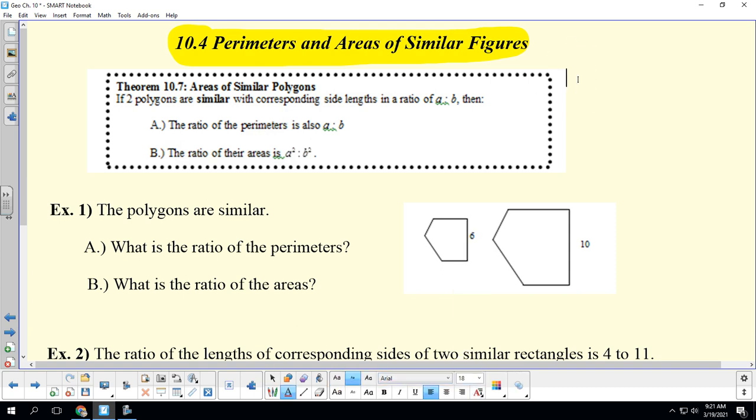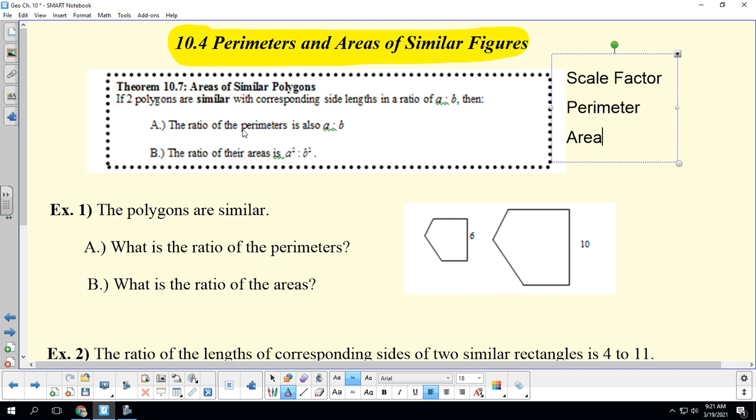So let me put the levels: just scale factor, perimeter, and then area. There's a 3rd level, it's volume, but we'll stop here for the sake of this. So the scale factor is the ratio between the sides from figure 1 to figure 2.